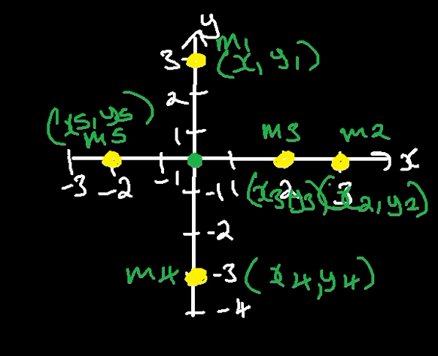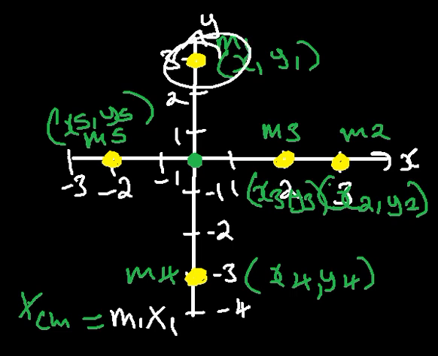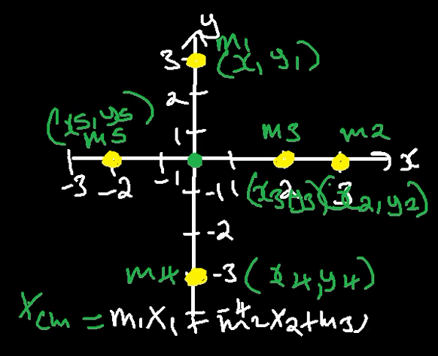Now, the x cm, which is the center of mass along the x-axis, will be given as mass 1 times the x coordinate, that is the position along the x-axis, for the object of mass 1, plus m2 times the x coordinate at that point, given as x2, plus mass 3 times x3, plus mass 4 times x4 as well.